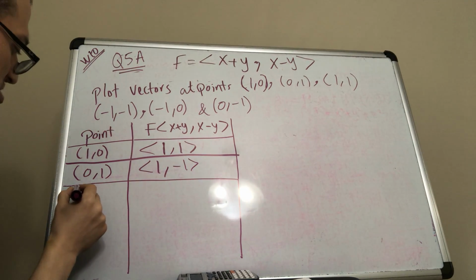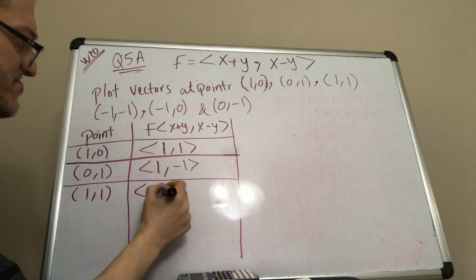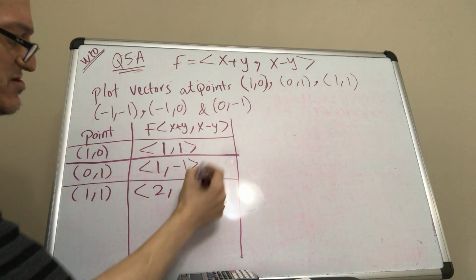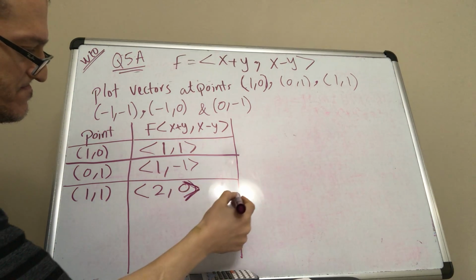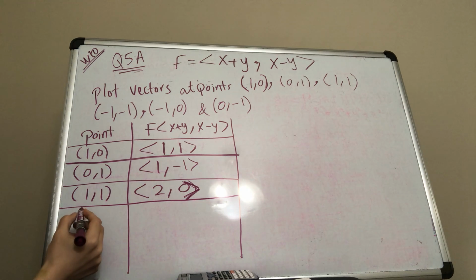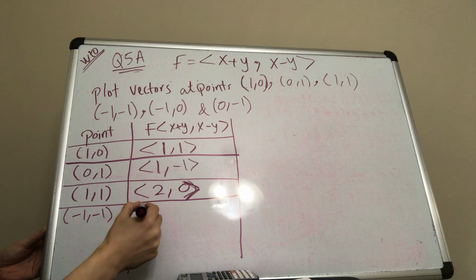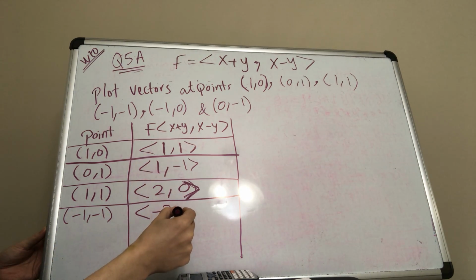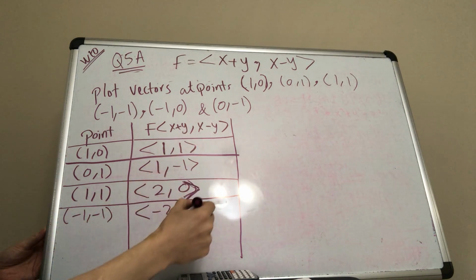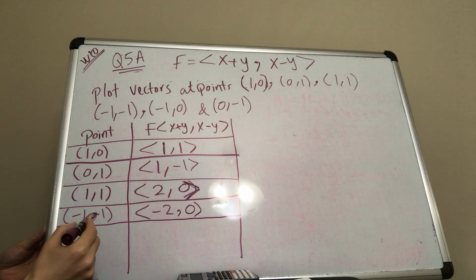Then the point 1, 1: you add them, and x minus y is 0. Point negative 1, negative 1: you add them, and you subtract them.